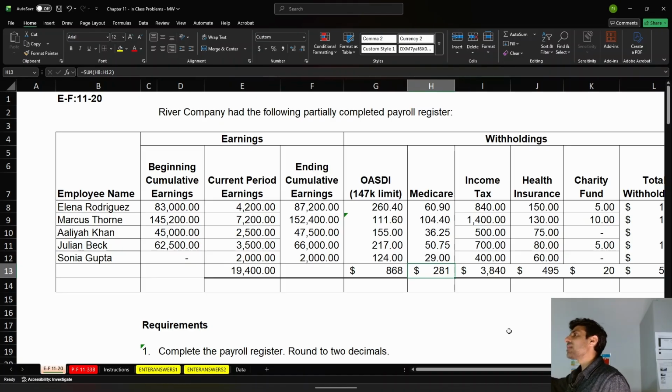The SUTA and the FUTA, there's only one employee here because again, it's only on the first $7,000 of earnings. And you can see that all the employees except for one have already earned over $7,000 by the start of this pay period. So whenever they had started their year of earnings, they had already paid SUTA and FUTA, or we as the employer had already paid it.